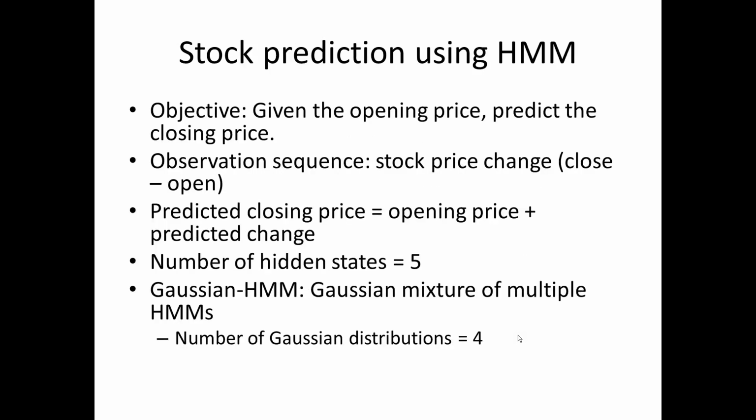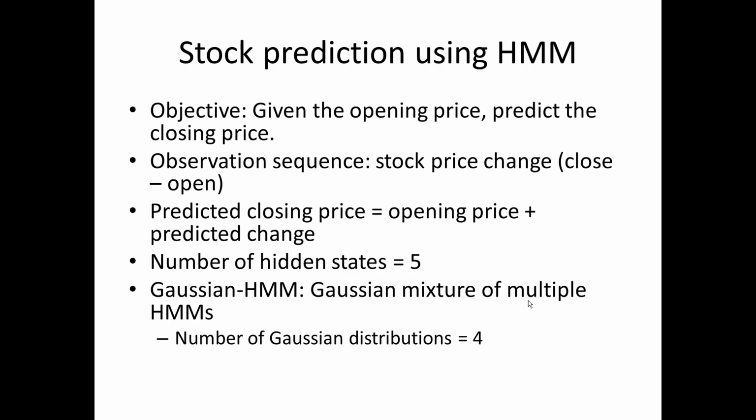Given the opening price, how do we predict the closing price using HMM? First, I define the observation output by the stock price change, which is closing price minus opening price.